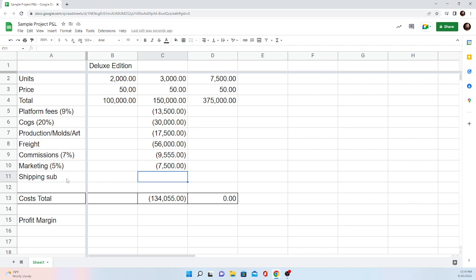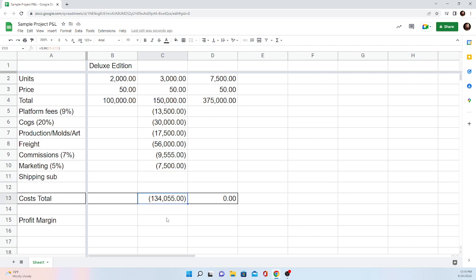Down here, shipping subsidy. Now this is my way of doing this. This is how I look at shipping. Because of Amazon, because people expect shipping to be free, because it's been so devalued, this makes it tough, especially when you're already like, look, team, our total's 150.